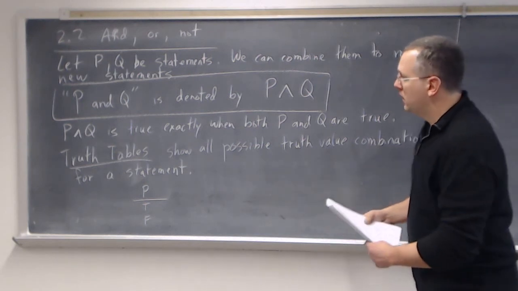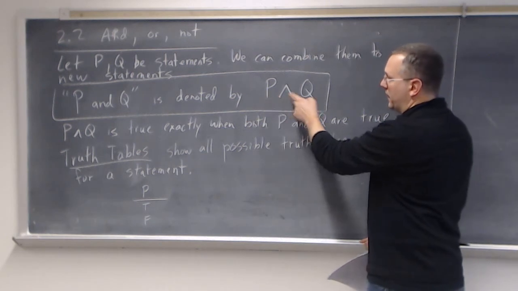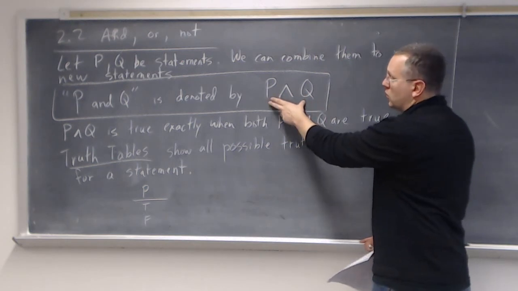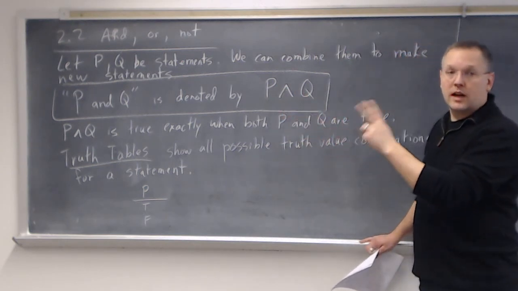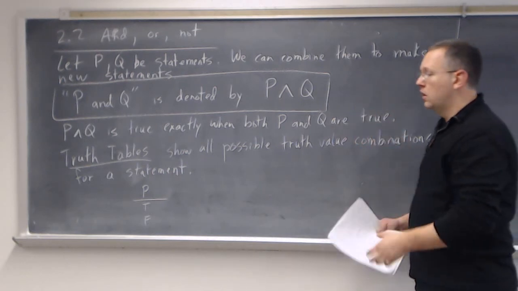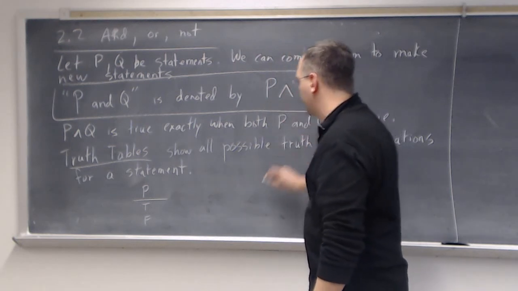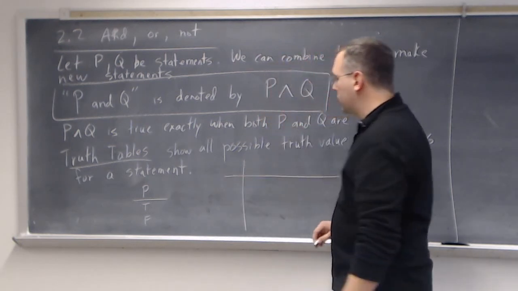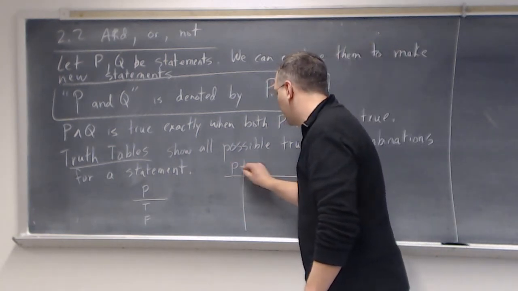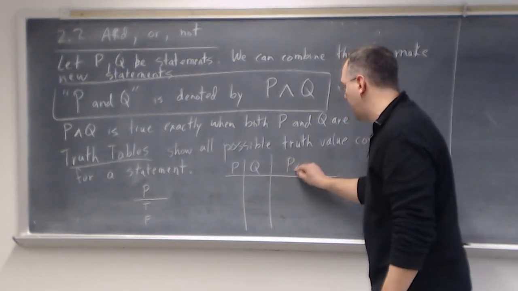Now, if you have two statements combined, like P and Q, there are two values for P and two values for Q, so there are 2 times 2, 4 possible combinations of true and false. Here's how you would write the truth table for P and Q: a truth table with four rows. We'll start with P, then Q, and then the combination P and Q.